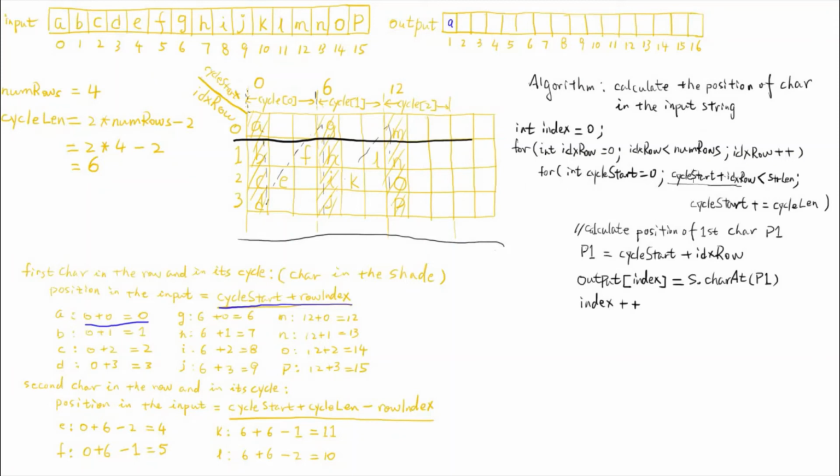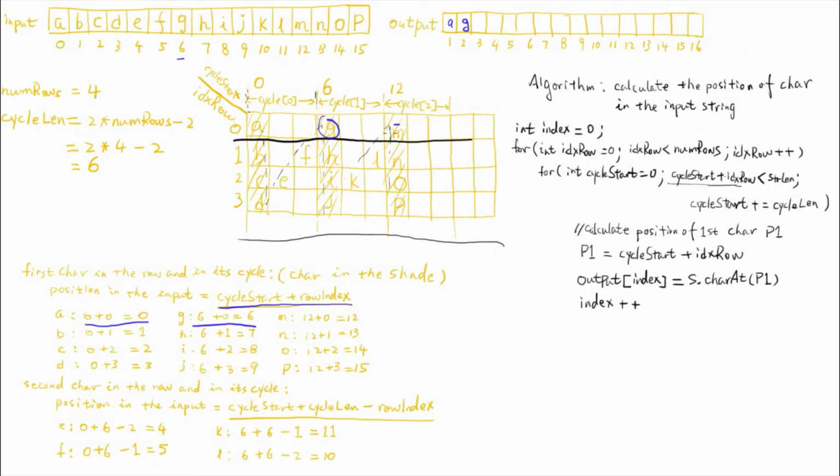Then our inner loop will iterate to the next cycle. It comes to this position. So the character here is at row 0, cycle start 6. Then the position for this character is 6. In our input string, 6 is G. Then we put G next to A.